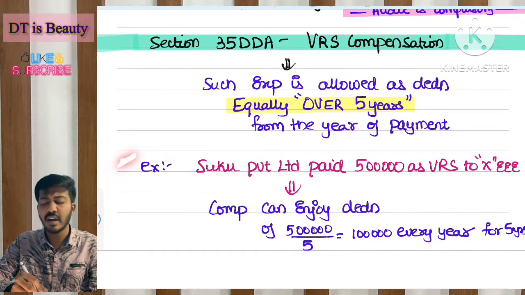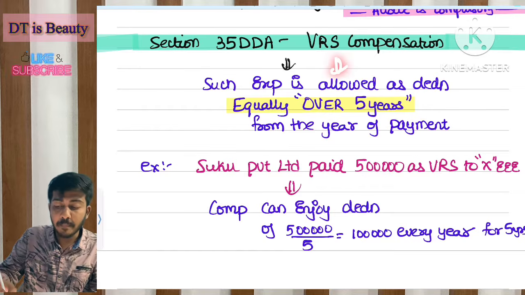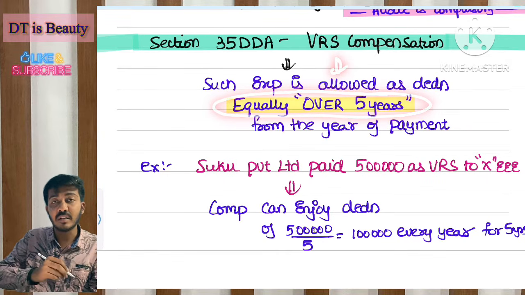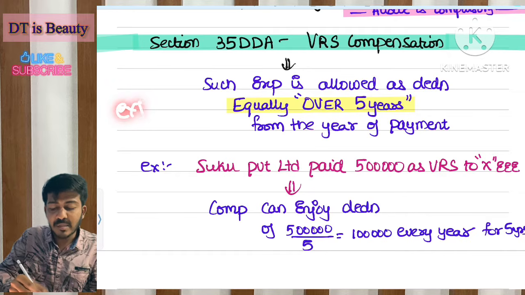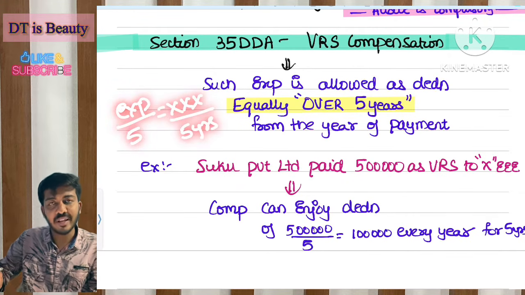Therefore, the government says this VRS compensation should be allowed as deduction equally over 5 years. That is, the expense divided by 5 gives each year's expense. This you can enjoy over 5 years.